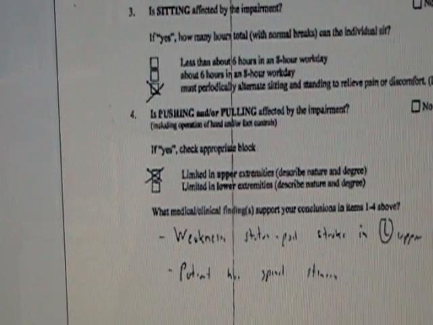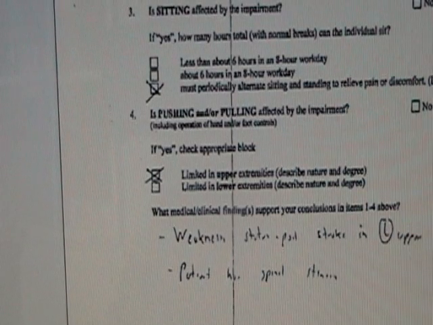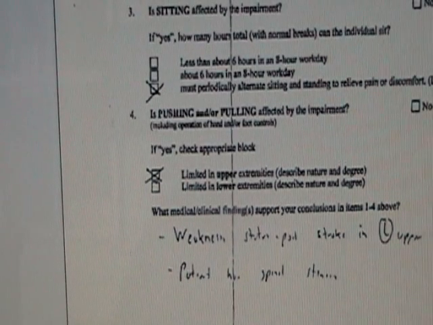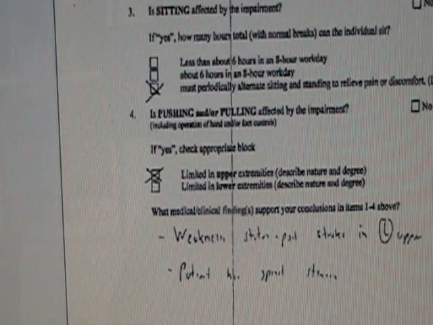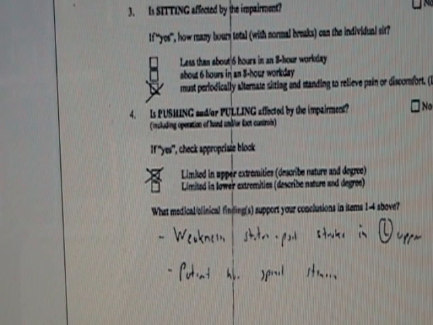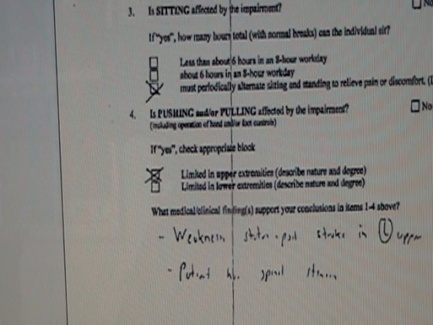Here's the actual work restrictions from Dr. Cegelski after the stroke. Is sitting affected? Yes. Must periodically alternate sitting and standing to relieve pain or discomfort. Is pushing and pulling affected? Yes. Limited in upper extremities. Weakness in upper extremities, post spinal problem.